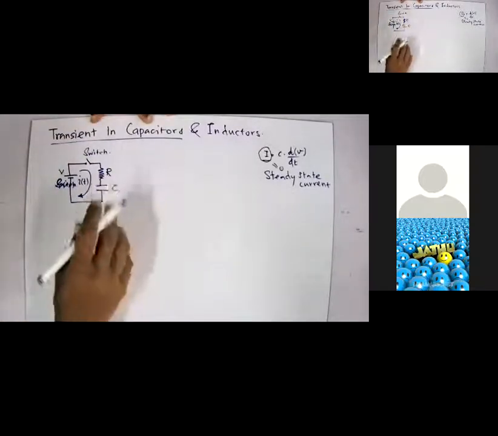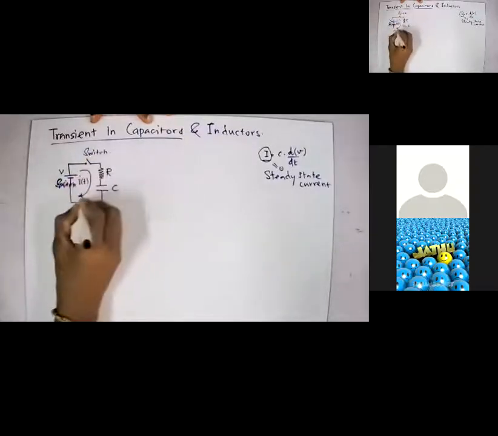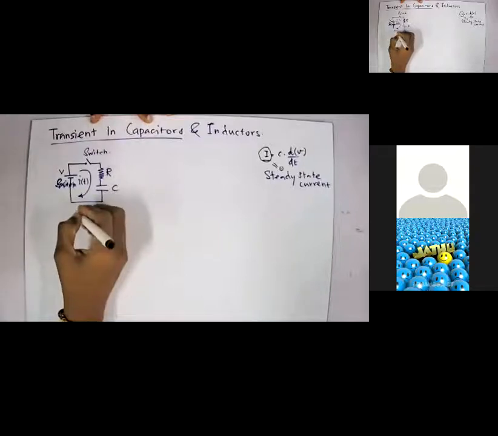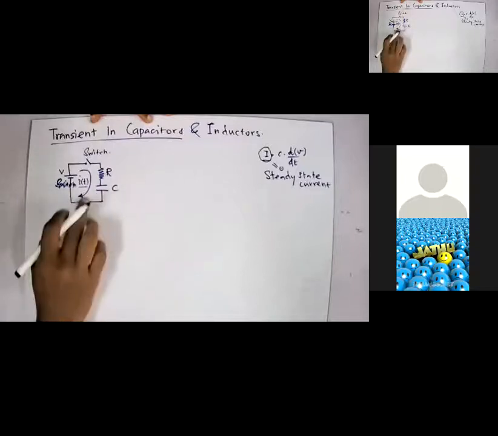So R and C. Once the switch is closed, there will be a current, and that will be a function of time, so we can write it as I of t.